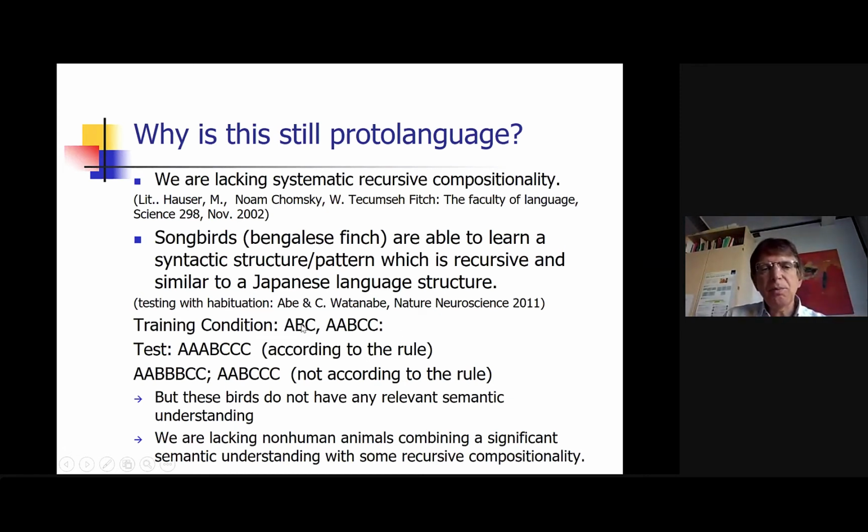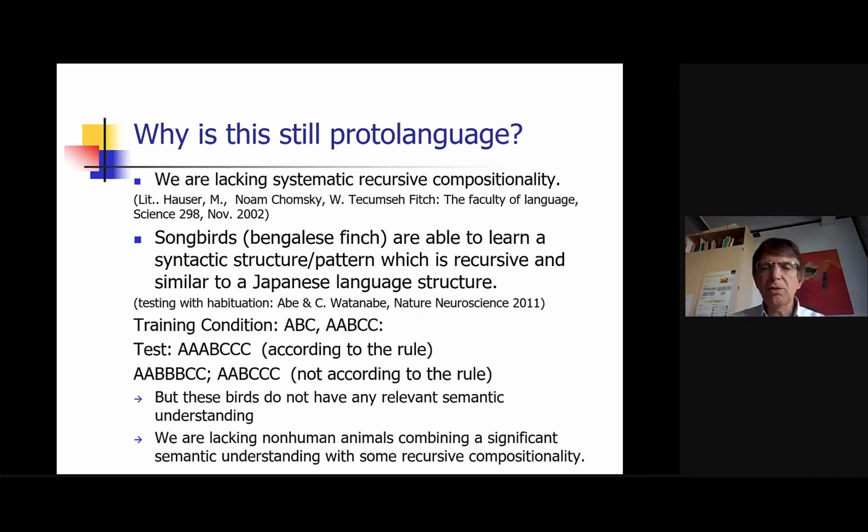And if you put these two items into the training conditions and test the correct triple item, which is built according to the rule, then you see the habituation effect in the Bengali finch, in contrast to other accidentally put together conditions which are not according to the rule, and they are recognized as new sound combinations.